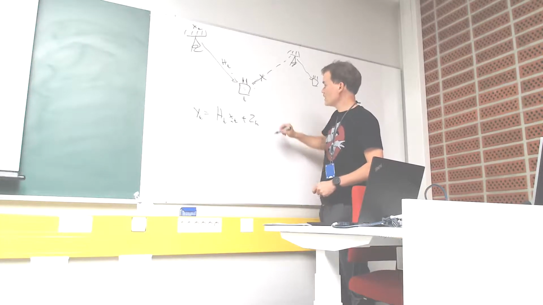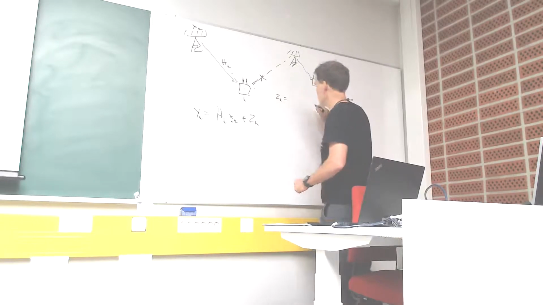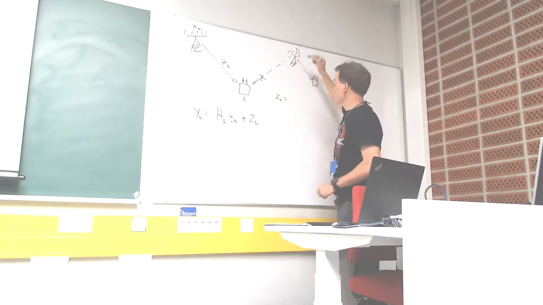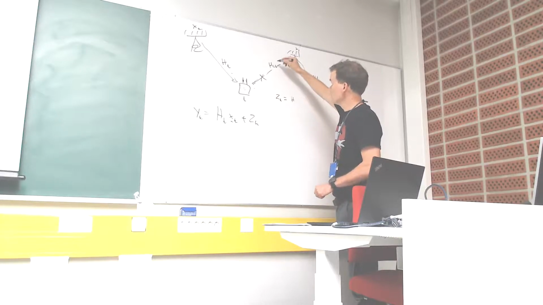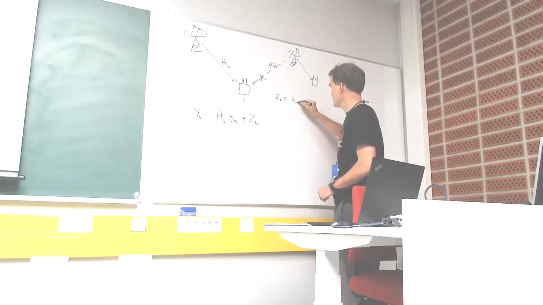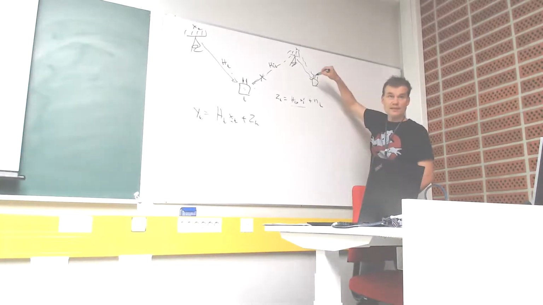Now, if we have some interference here, let's say it could consist of whatever transmission from this base station. Let's call this HRK. So this is the part that is introduced by this interference.